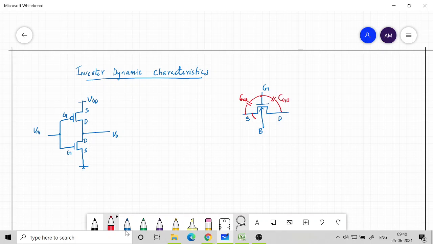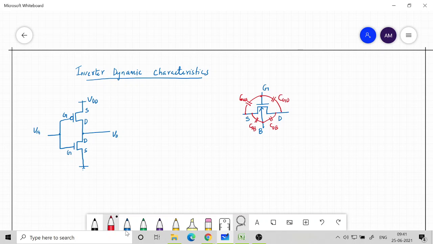This is also called the bulk terminal, and there was capacitance with respect to that also. So this is our CSB, and similarly we have CDB. These are junction capacitances basically. Now the signal is going to flow from source to drain, or drain to source in the case of an NMOS transistor.